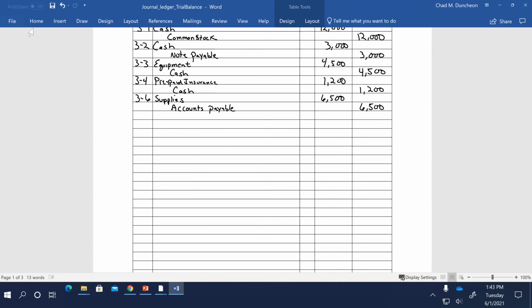And since services were performed, that is called revenue. Think back to our DEALER, R is the last letter, or revenue is the last R in DEALER. So we are getting more revenue. We increase revenues with a credit, a normal credit balance.